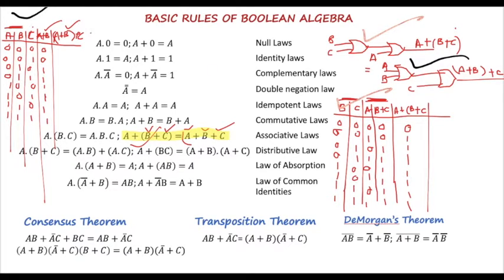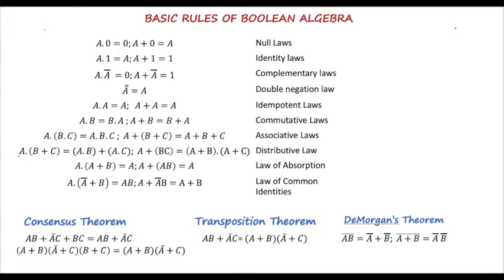Now this gives. So here you can see this truth table is the same as this one. So A or B or C equals A or B ORed with C.